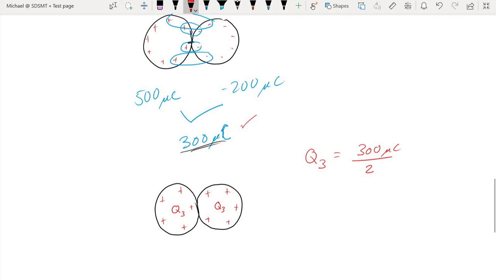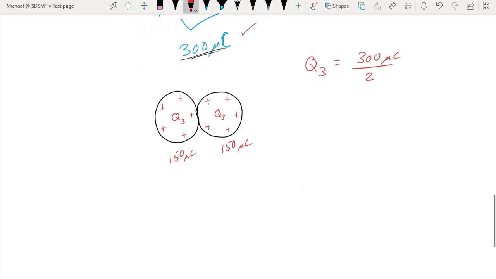So sphere 1 gets half of the remaining charge, sphere 2 gets half of the remaining charge. Well, what happens now? Now both spheres are positively charged, and they're both positively charged by the amount of 150 microcoulombs.